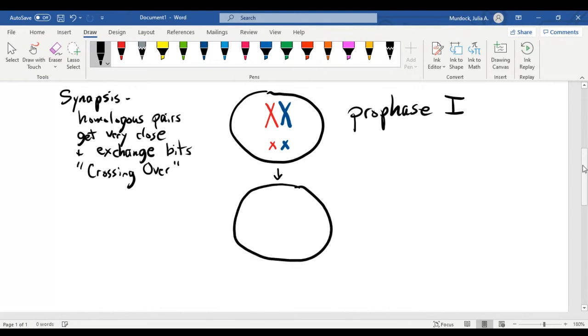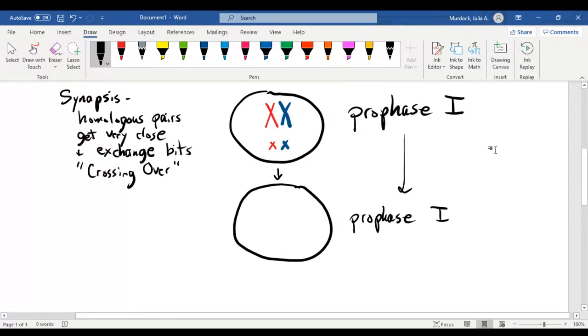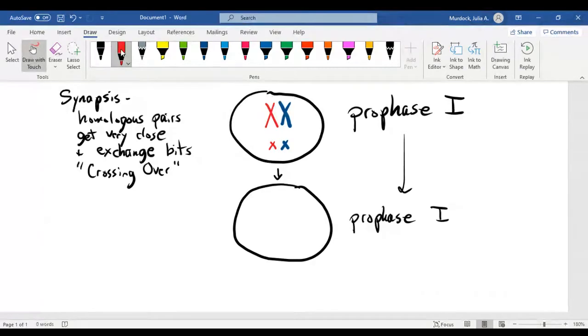Here's that same cell again. Okay, we're still in prophase I, we're in late prophase I. And I'm going to redraw the chromosomes after the synapsis has happened. So basically what's happening is this. The big mom and dad chromosome, this one is coming over here, right? And there is a break right there, so that after the crossing over has happened, you now have bits of the chromosome that have exchanged places.